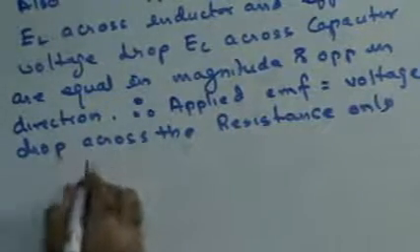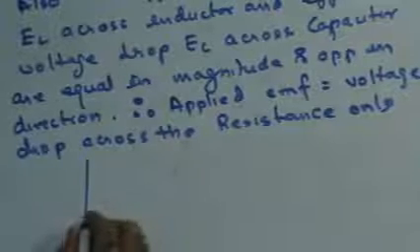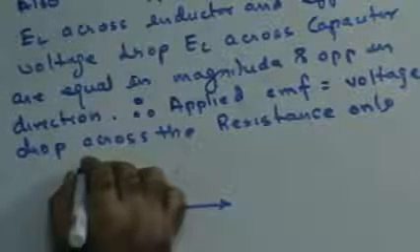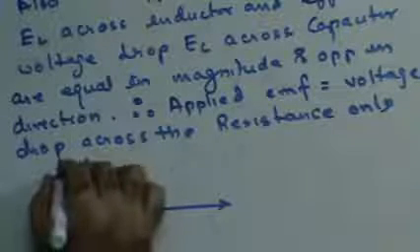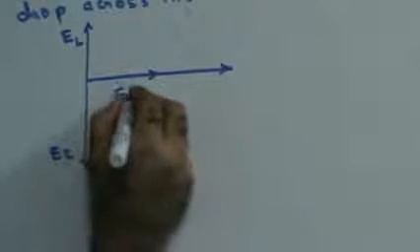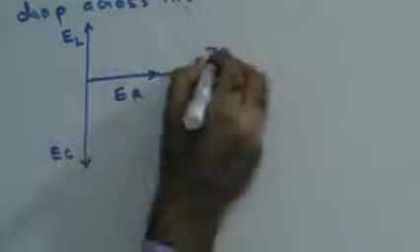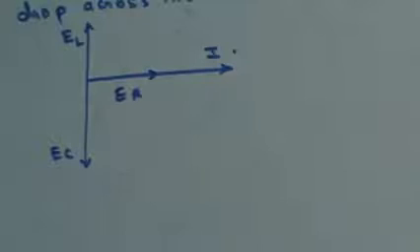So my vector diagram should be something like this. This is going to be my EC, this is EL, this is ER, and this is current, right?